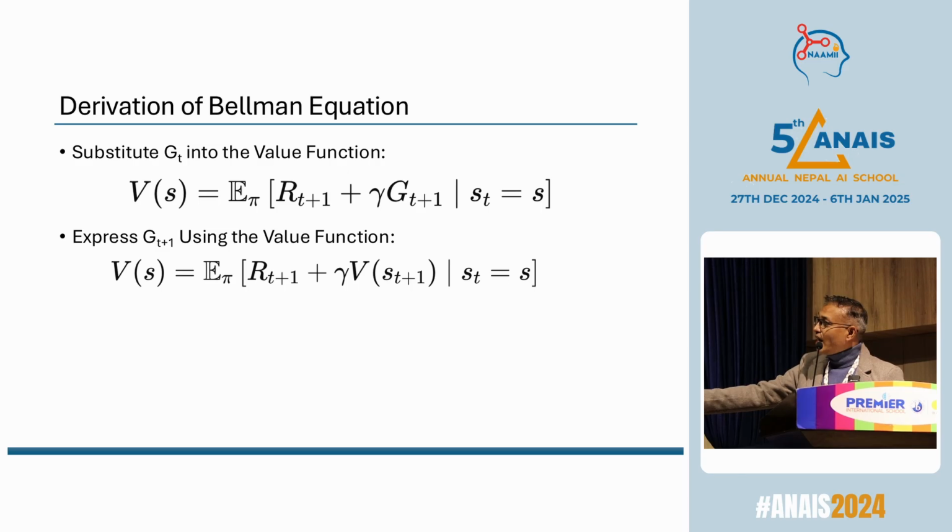So if you look at this equation, we need to calculate V(S), but before calculating V(S), we need to calculate V(S_{t+1}). This is what we call a recursive definition of a value function, right? So in RL there is this kind of recursive definition. Before you calculate the value of V(S), where S is any state, you have to calculate the value of this one. This is what we call the Bellman equation for the value function.